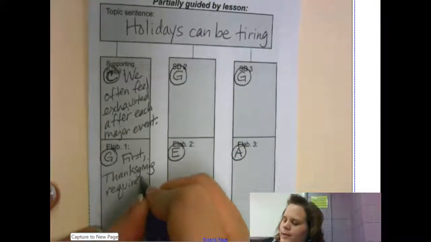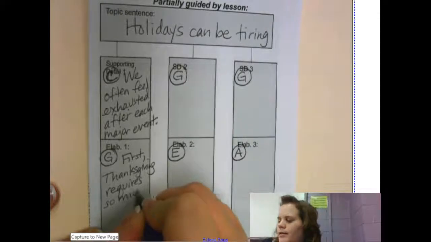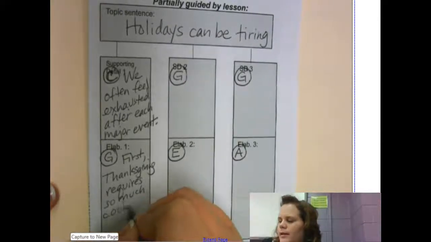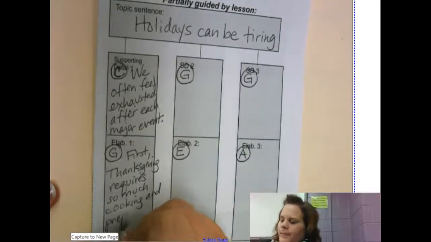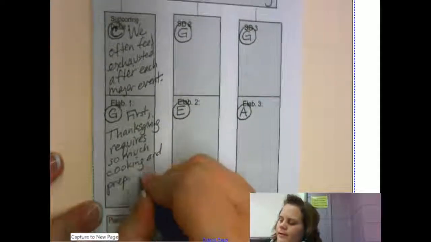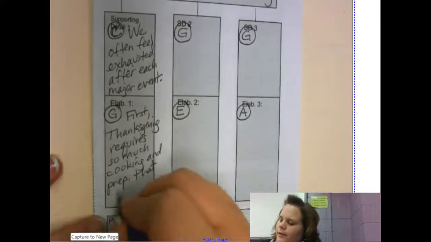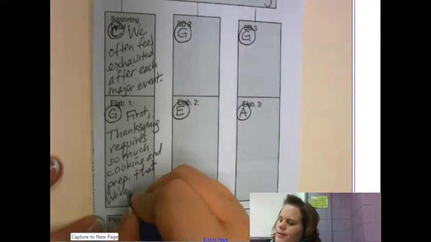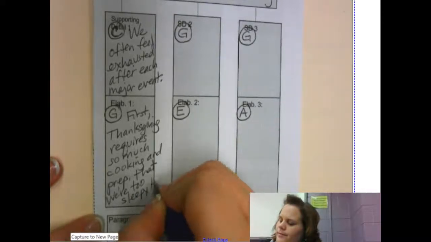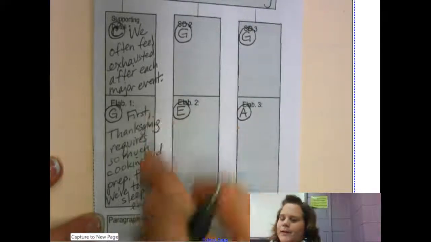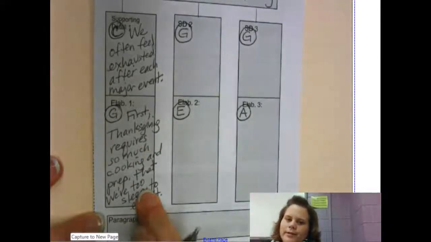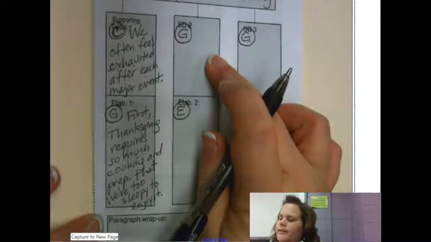Requires so much cooking and preparation that we're too sleepy to enjoy it. And you could say more about that, but let's go on to another holiday.